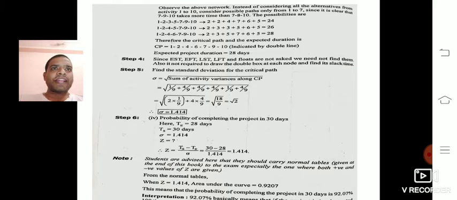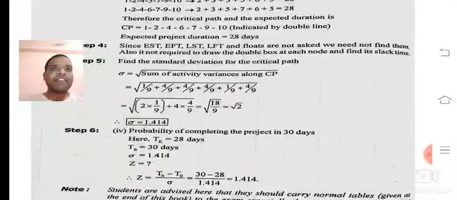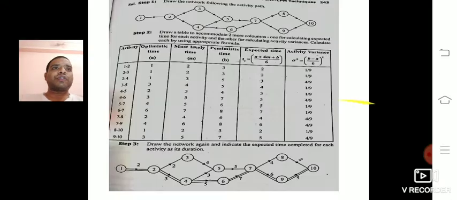Now go directly to find the standard deviation, the sum of activity variance along the critical path. We need to take the variance values from the last column for only the critical activities, the activities that come under the critical path.